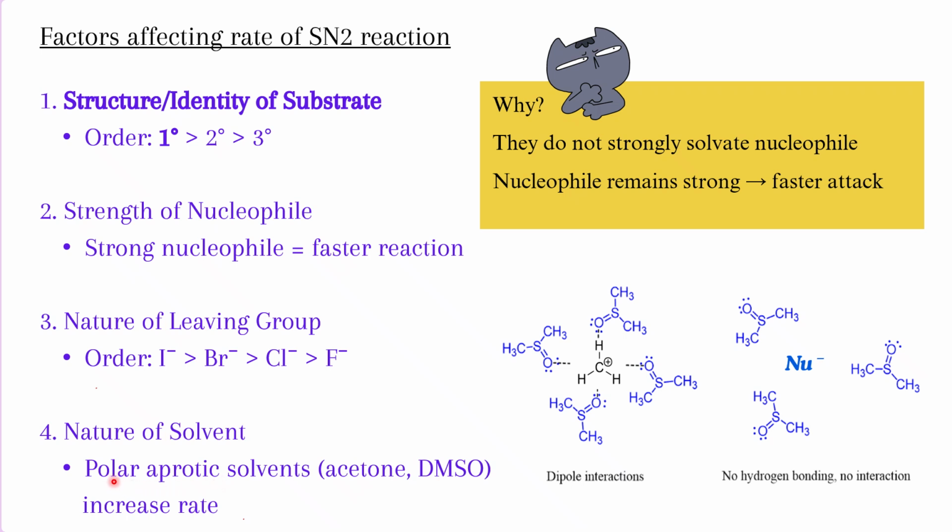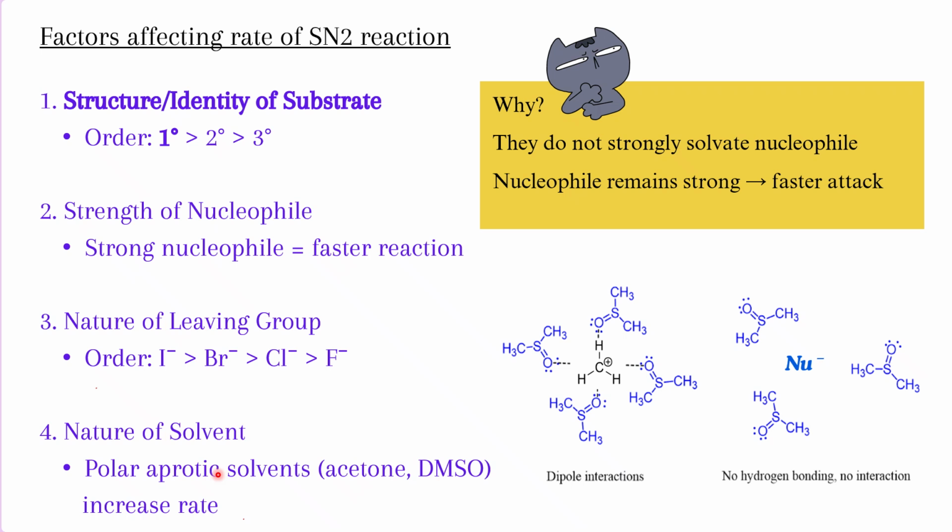When I use this term polar aprotic, this term gives a hint. Polar means such a molecule in which there are partial charges, and aprotic means it is not having a proton. Okay, which proton am I talking about? That proton is the acidic proton. What do you mean by the term acidic proton?